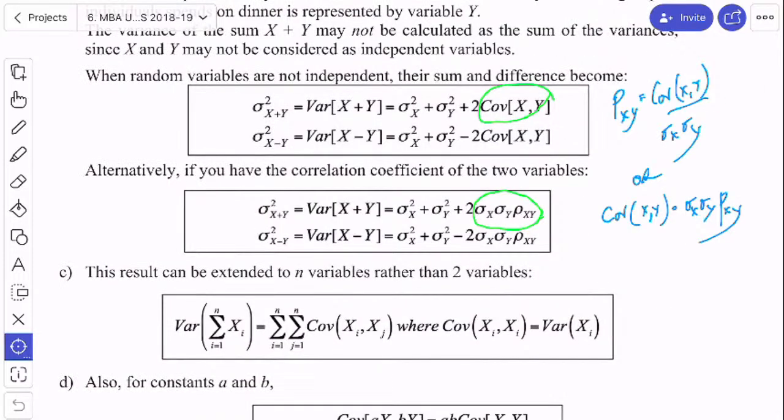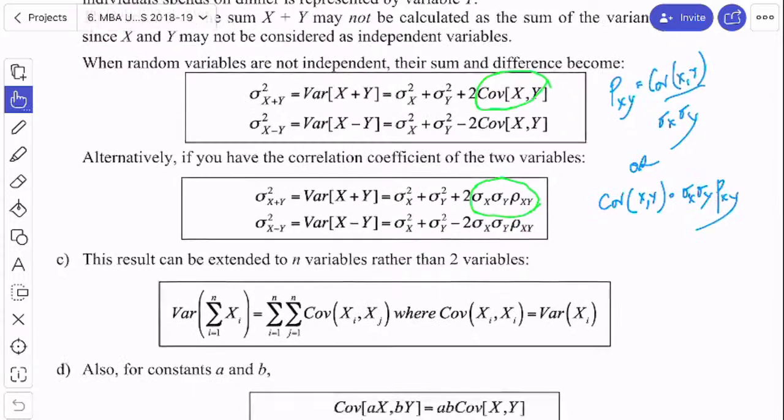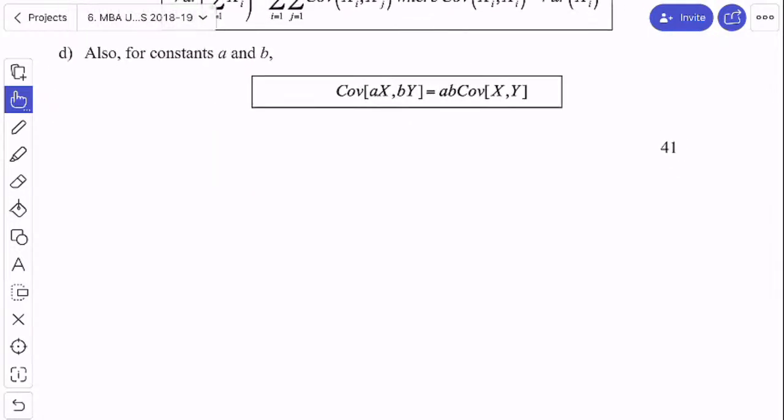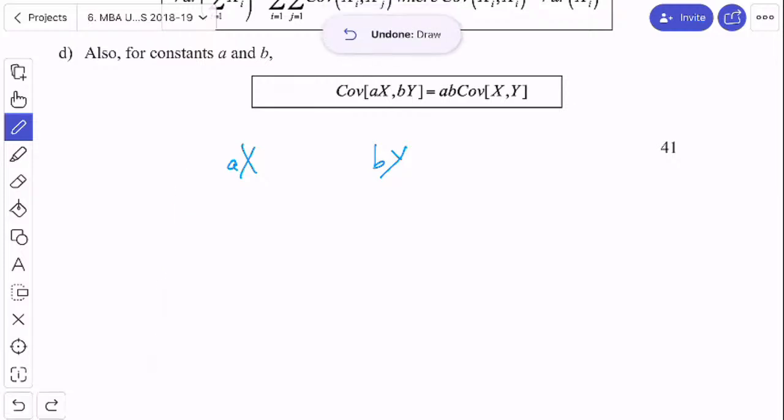All of this is possible. All right. So where does this formula come from? What I'm going to do is consider variable aX and bY. So this is like a multiple of x or a multiple of y.